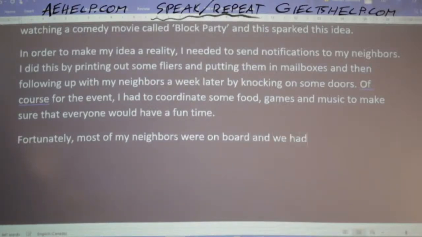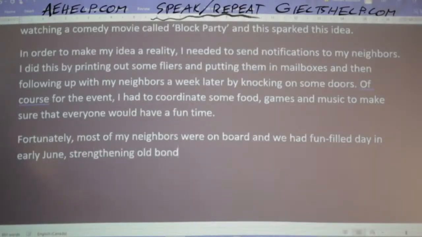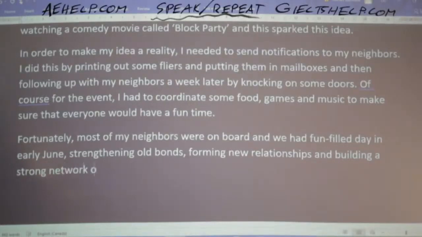And we had a fun-filled day in early June, strengthening old bonds, forming new relationships, and building a strong network of support and trust in our community.